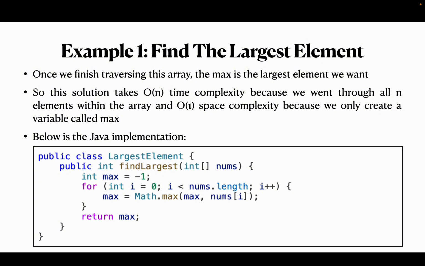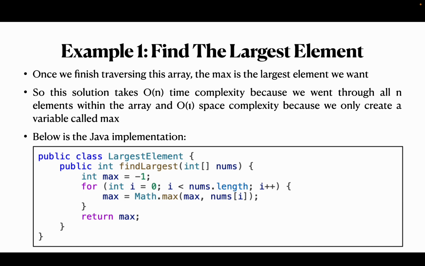And below, as we can see, is the Java implementation of our solution. Here we create a class called LargestElement and create a method within this class called findLargest. The input of this method will be the original array nums, and the output will be the maximum element within this array, represented as an integer.